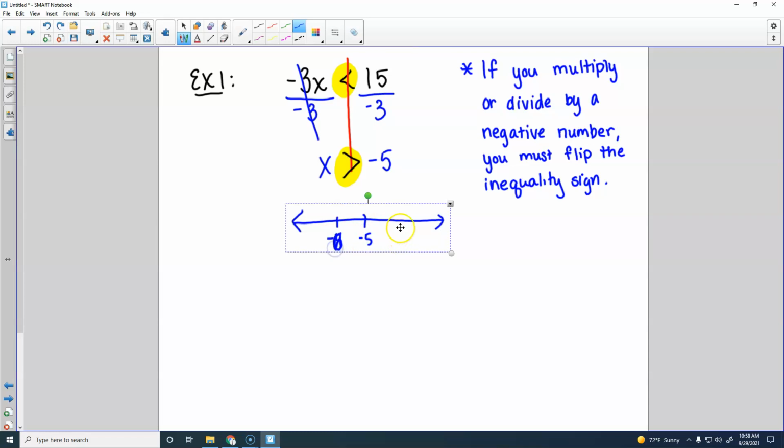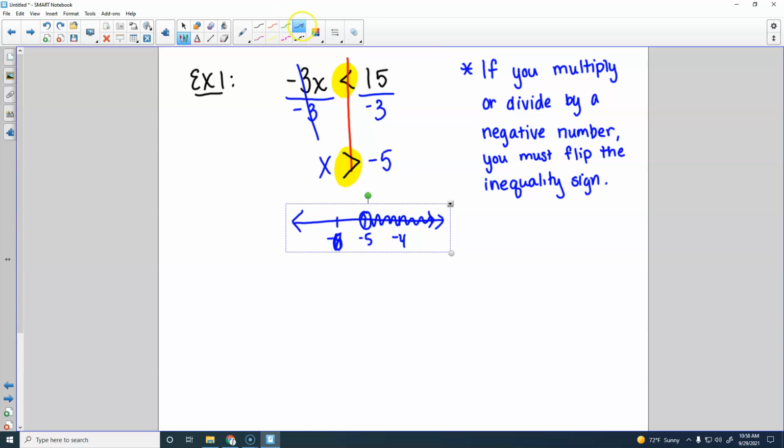These are negative numbers. Negative 4. We'd have an open circle, but this time we would shade to the right. And those numbers are the ones that make this inequality true. So that's the difference. That's what we've got to watch out for.